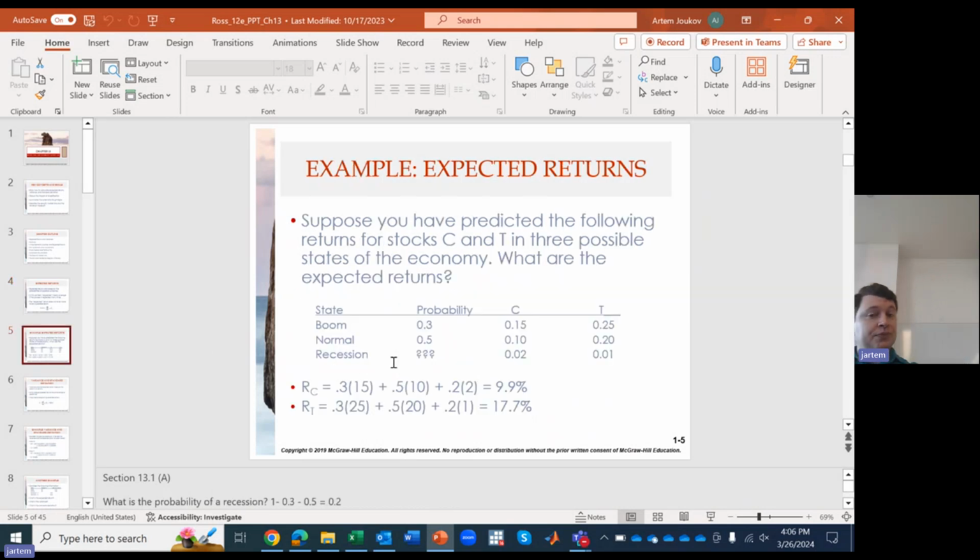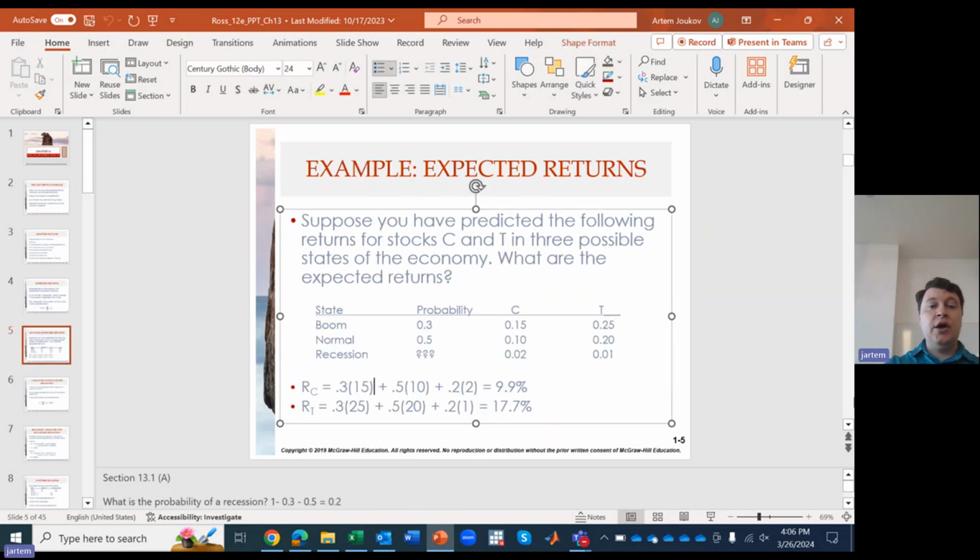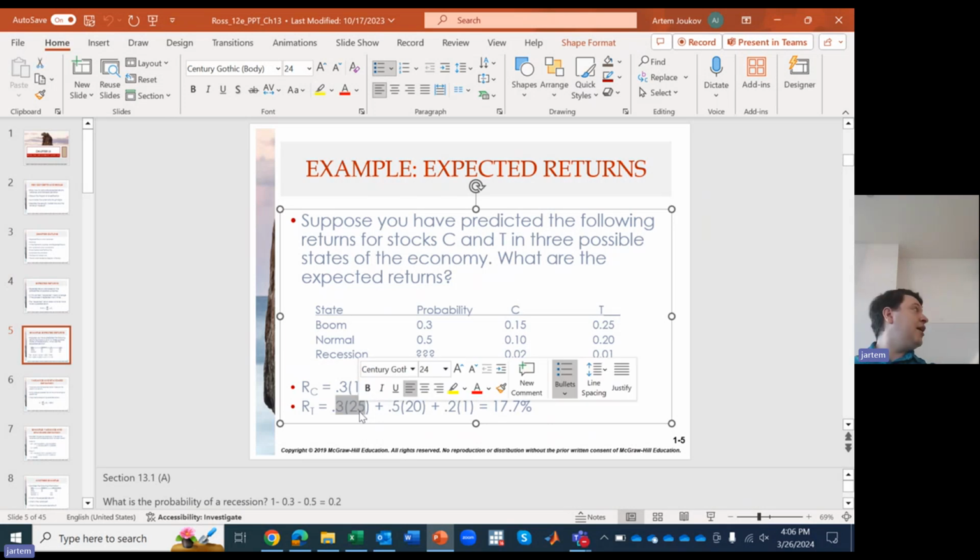Okay, so let's look at how we do it for the return on stock C and the return on stock T. So probability of boom is 0.3. So 0.3 goes right here. For stock C, the return is 15%. So 15 goes here. For stock T, the return is 25%. So 25 goes there.